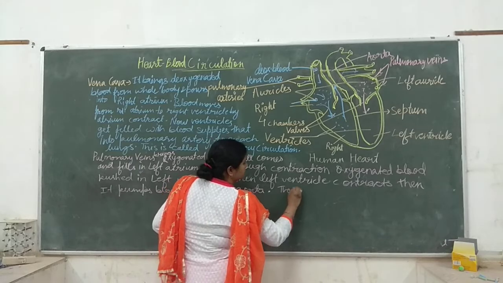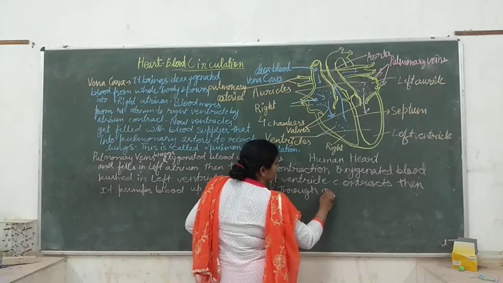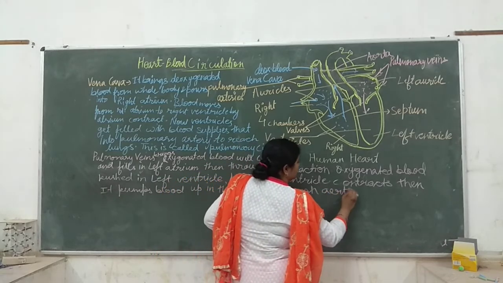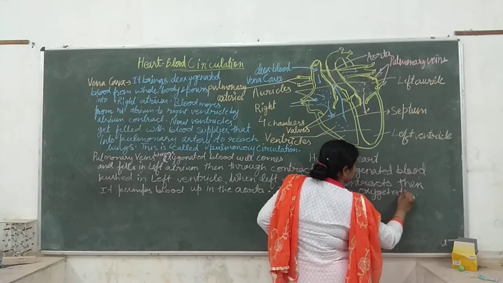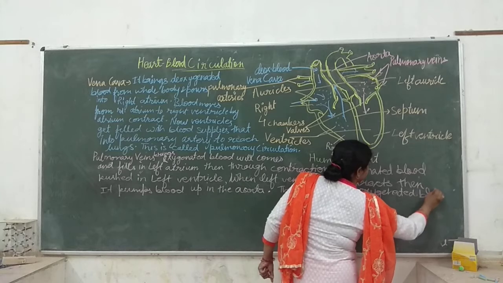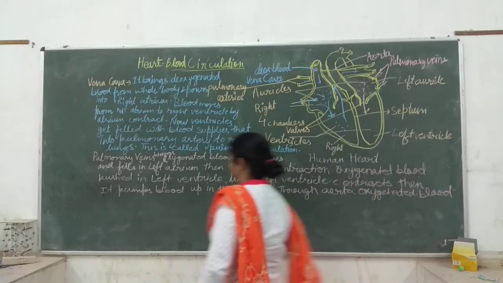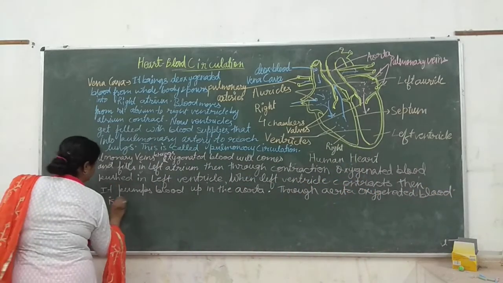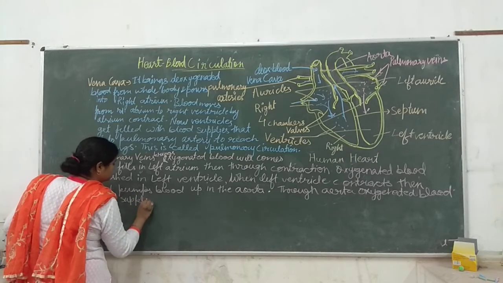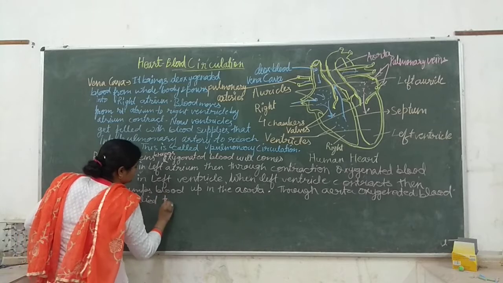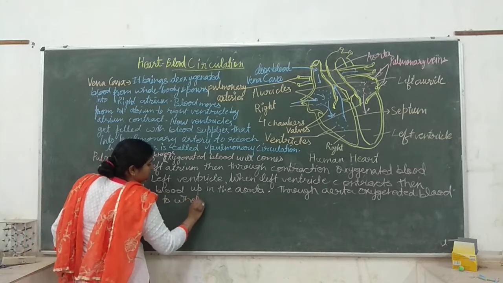Through the aorta, oxygenated blood is supplied to the whole body.